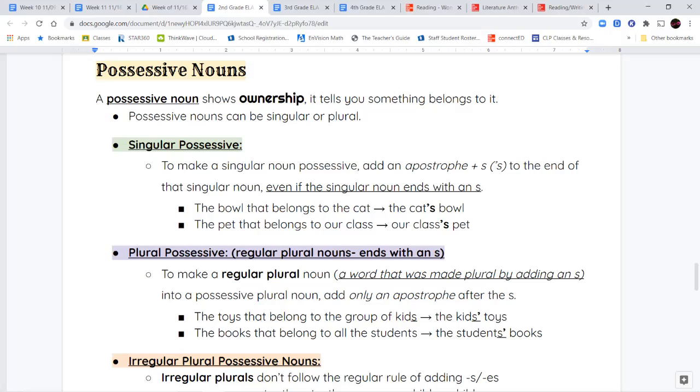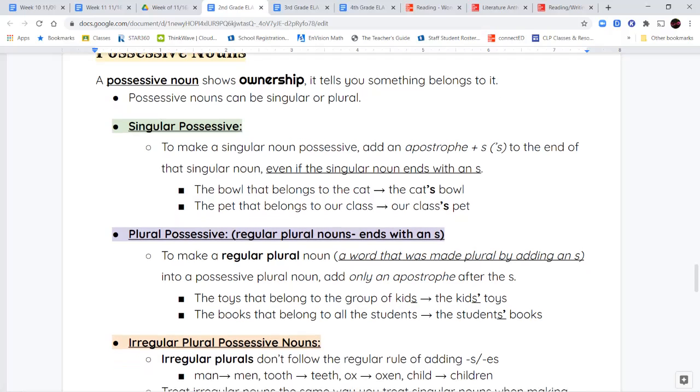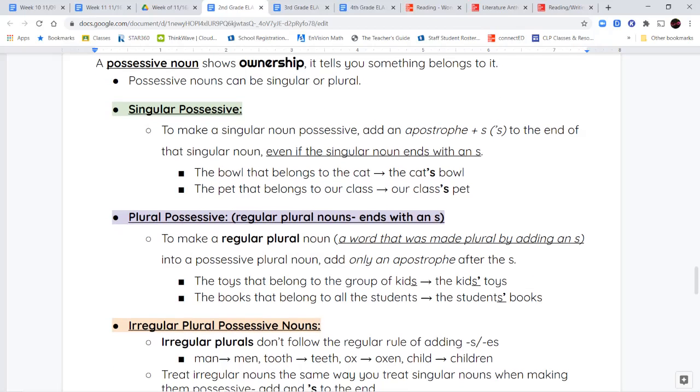Now for plural possessives, and we're talking about regular plurals here. We're going to talk about irregular ones in a minute. For plural possessive nouns that already have an S on the end of them, we are going to add just an apostrophe after the S that's already there. We're not going to add anything else.